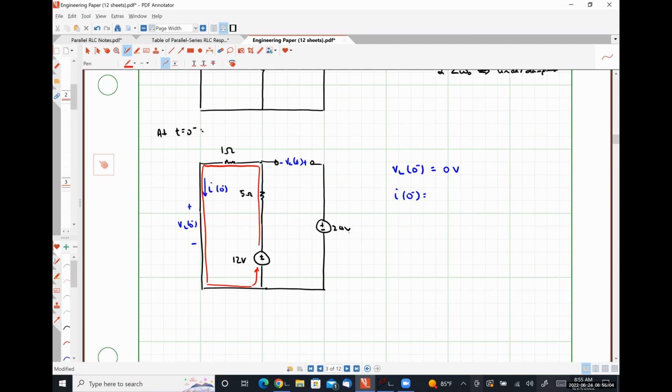None of it can branch off and flow through the 24 volt source because of the open circuit that's representing the capacitor. So from this, just using good old Ohm's law, I of 0 minus is 12 volts over 5 ohms plus 1 ohm, looks like 2 amps.